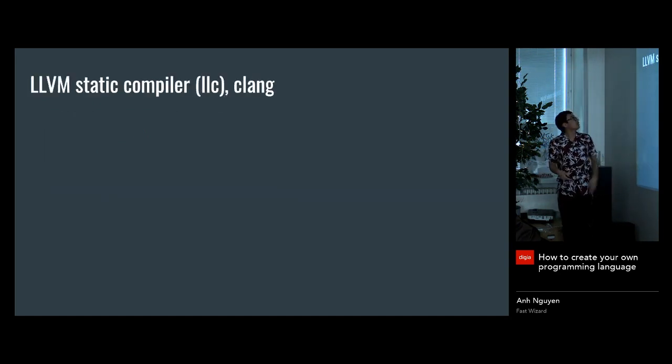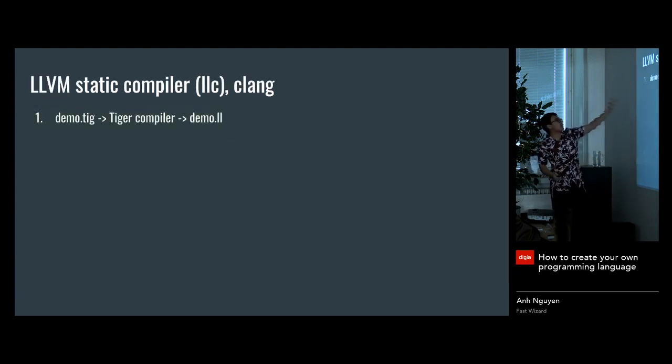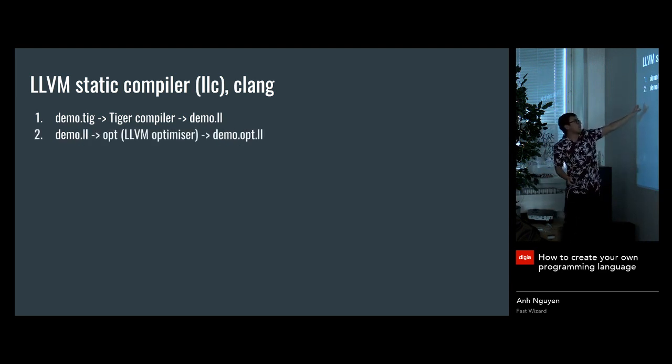Okay, here. And the LLVM IR static compiler, which is the static compiler that compiles LLVM IR to assembly. And what is it about? So first I compile the Tiger program into LLVM IR using my own compiler. And then after that, when I have the LLVM IR, I use the optimization in order to optimize it.